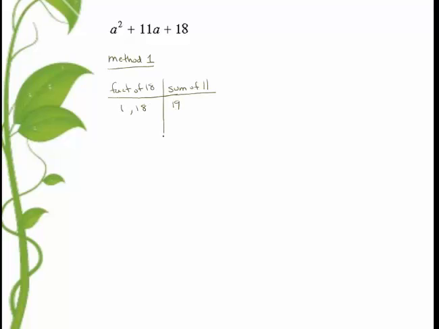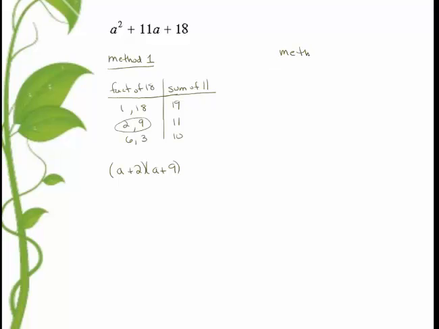Well, those add up to 19. 2 and 9 are factors of 18, and that adds up to 11. So I have found my factors. If that hadn't worked, I would try then 6 and 3, which would have given me 9. But 2 and 9 worked. So this will factor to a plus 2, a plus 9.